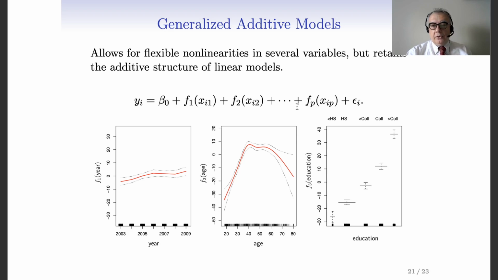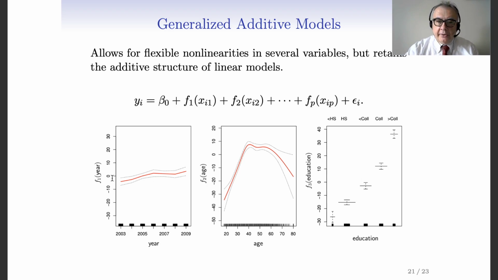And also you can present the results in a very meaningful way. So this is an example where you have an additive model, and then you are going to present the results showing how the response depends on the variable year, how the response depends on the variable age, and how the response depends on education.